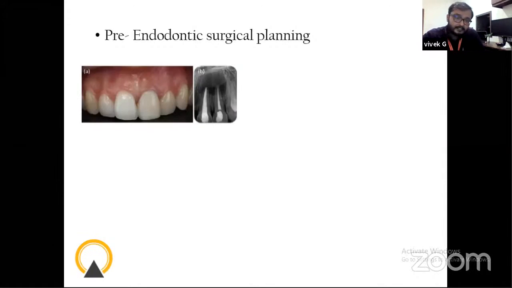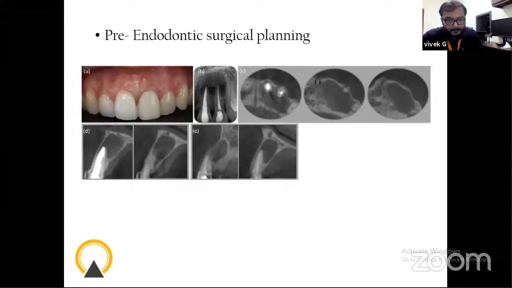Here, in this particular case, the patient went in for root canal treatment of the central incisors, but you can see that there is a large periapical lesion in the intraoral periapical radiograph. With the help of CBCT, you could properly gauge the dimensions: the mesiodistal dimension, the buccopalatal dimension, and the superior-inferior dimension could all be understood.